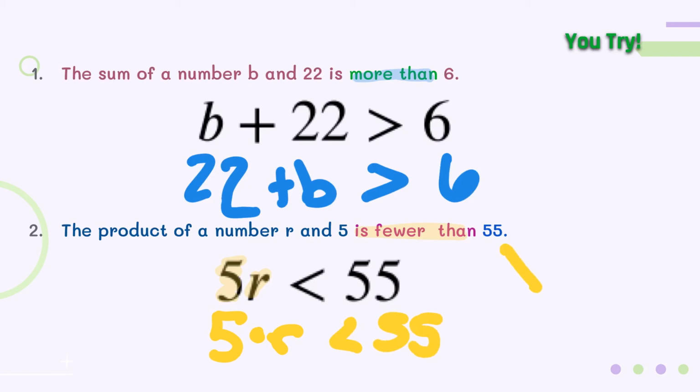But remember, do not use this symbol for multiplication, because it's too close to looking like an X. So do not write your answer like r times 5. We always write the number, the constant, before the variable when we are writing products. So 5 times r, or 5r, not r5.